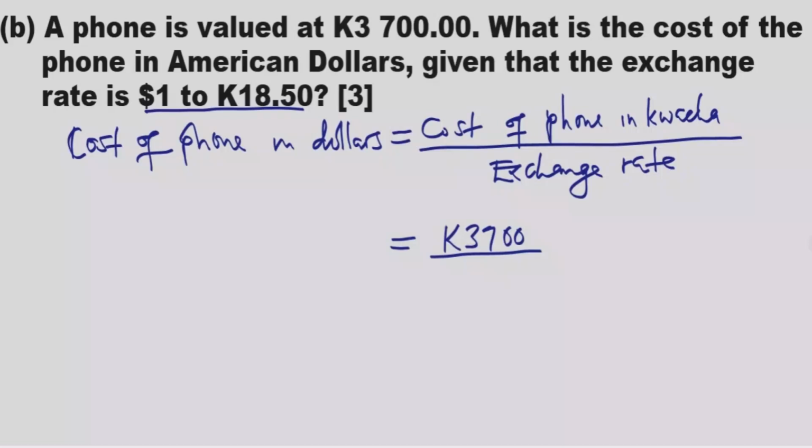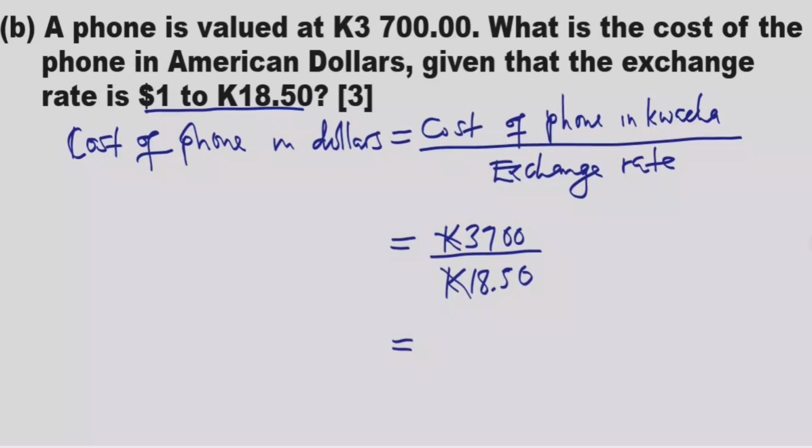So we write 18 kwacha 15 ngwe. Here we can even say it's just 18.5. Now the kwacha sign will cancel out, leaving us with just 3,700 on top and 18.5 at the bottom.